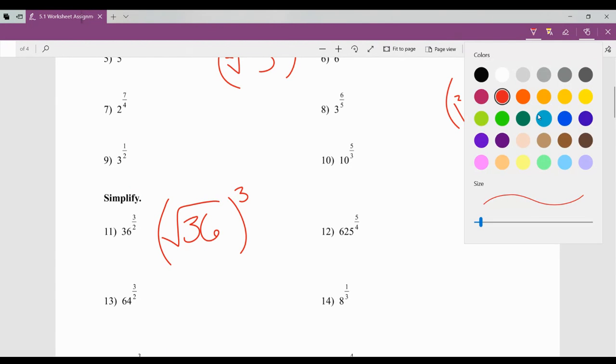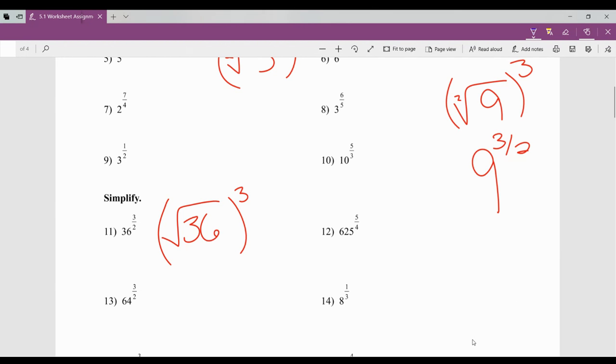I'm going to change my pen color. I know the square root of 36 is 6. So I just did the root. Now I need to do the power, which is 3. So 6 to the 3rd, that's 6 times 6 times 6. That's 216, and that's my final answer for number 11.